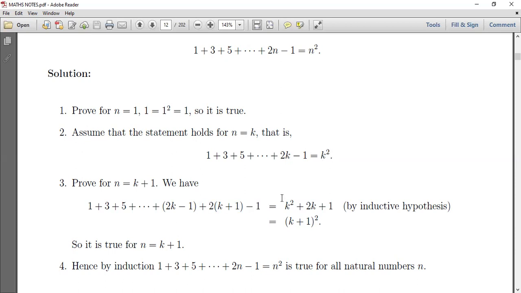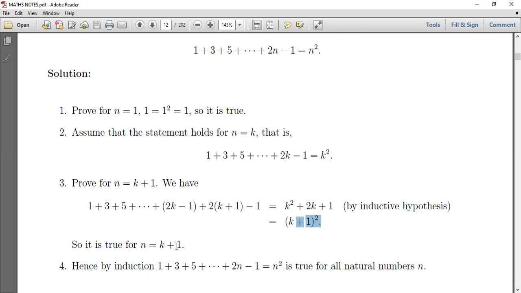So it becomes k squared plus 2k plus 2 minus 1 when I simplify, which is k squared plus 2k plus 1. So this is what I have. And then if I factorize this, I get k plus 1 squared, which is true because when n is equal to k plus 1, wherever there is n I'm just putting k plus 1 squared, which shows that it is true for k plus 1.